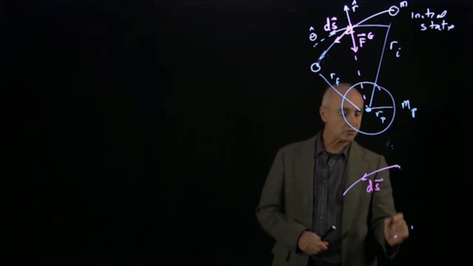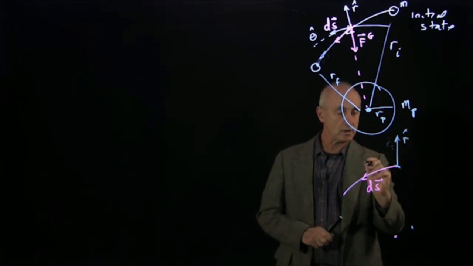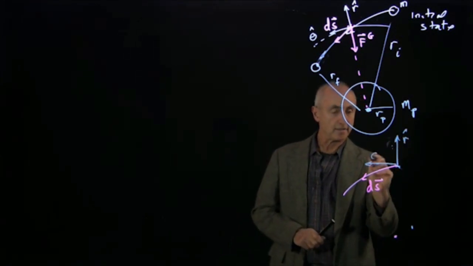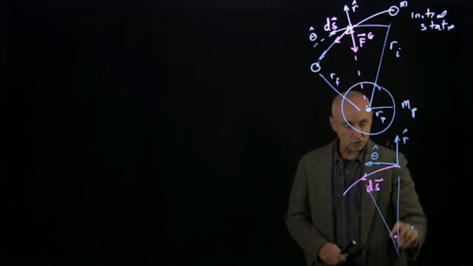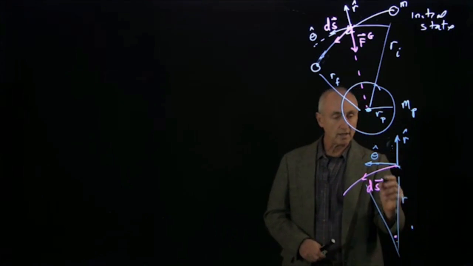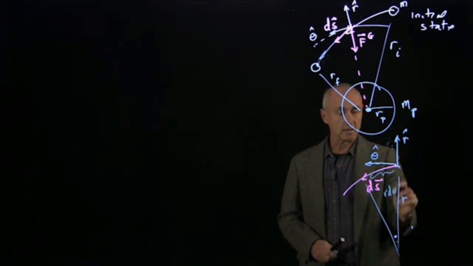And our center point here, we have the r hat pointing radially outward, and the theta hat pointing perpendicular to it. Now, to exaggerate this picture, if this is r, then the arc length here is r d theta.